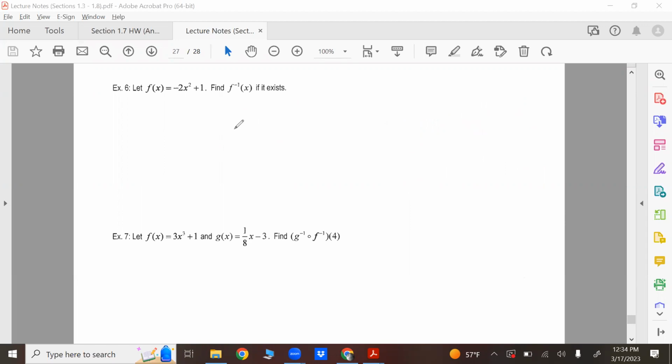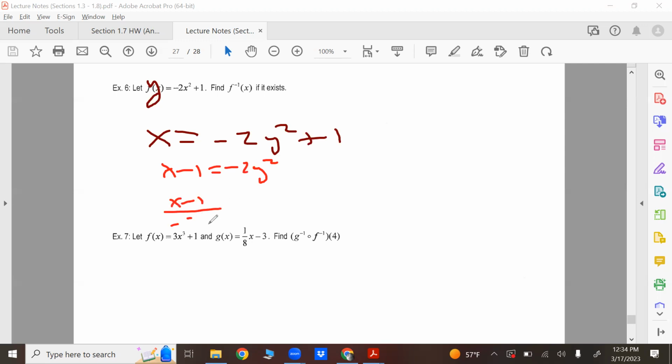Okay, next one. What do I do first? Switch x and y, right? So f of x is y, so it's -2y squared plus 1. Okay, let's begin isolating. How do I isolate? Subtract 1 from both sides. Keep going. Good. We're almost there.